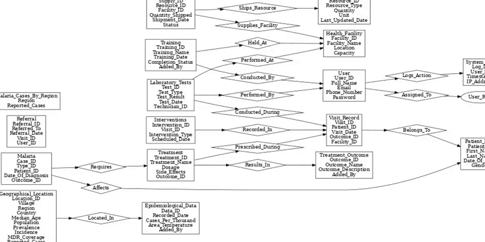So in relation with the supply chain and the health facility, in supply chain we have the supply ID, resource ID, facility ID, quantity shipped, shipment date, and then the status. This one is mainly dealing with procurement of the health facility. Let's say the facility needs to procure some ambulances, needs to procure some patient trolleys.